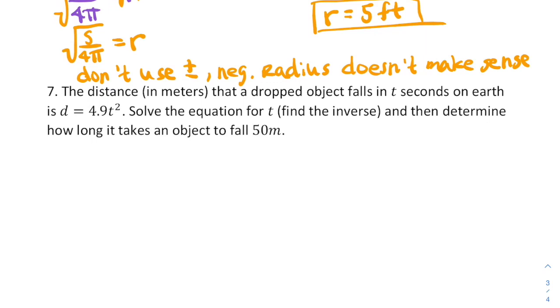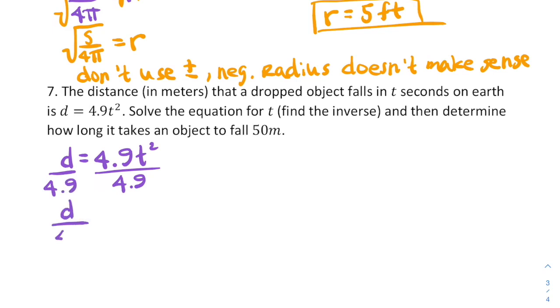So we're just going to start out like we've been doing. Again, don't change the variables. It makes no sense to call d equal to time, or vice versa, t equal to distance. So I want to divide by 4.9 on both sides. So d over 4.9 equals t squared, and then take the square root. Let me change colors here so you can see that's a different step.